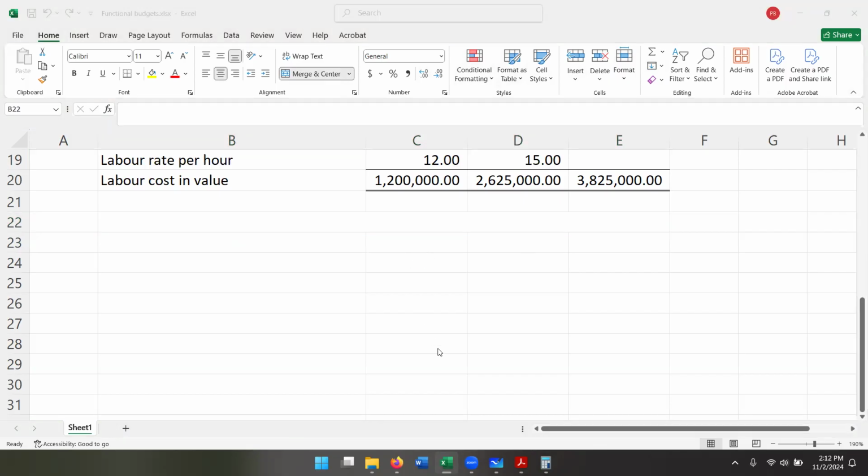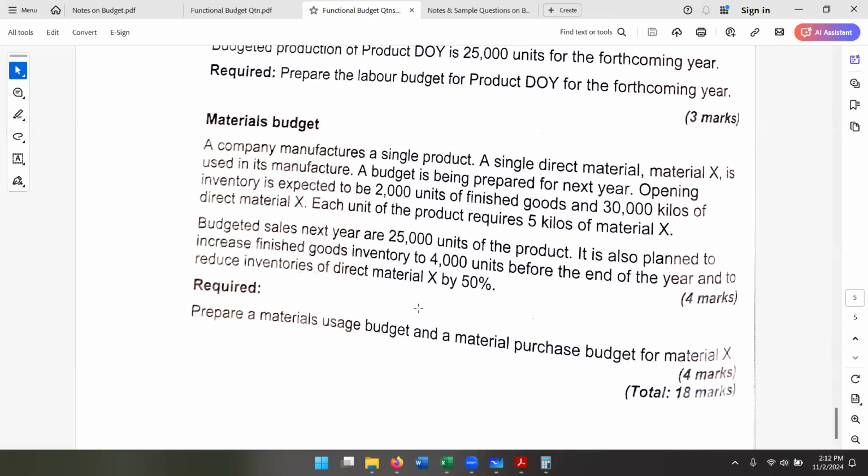Looking at the questions we are solving, there is a question on materials budget. A company manufactures a single product. A single direct material X is used in its manufacture. A budget is being prepared for next year. Opening inventory is expected to be 2,000 units of finished goods and 30 kilos of direct material X. Each unit of the product requires 5 kilos of material X. Budgeted sales next year are 25,000 units of the product.